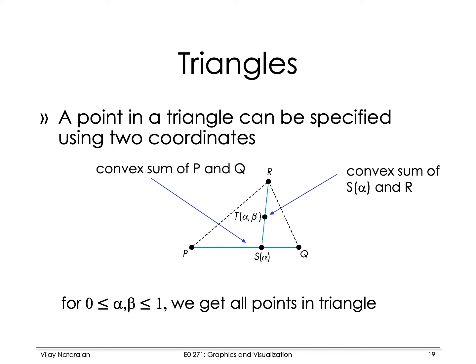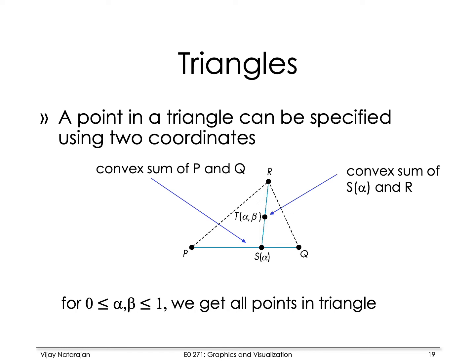So again, there are different ways to describe this. One way is as follows. If you consider a triangle PQR, the way that we can describe any point T which lies within this particular triangle is by thinking of T as a convex sum. Before we get to T, let's look at S, which is a point on the line joining PQ.